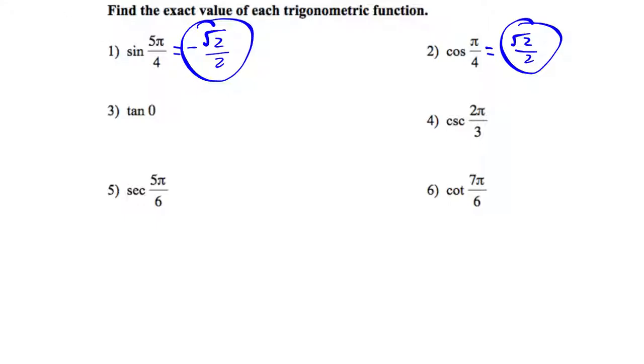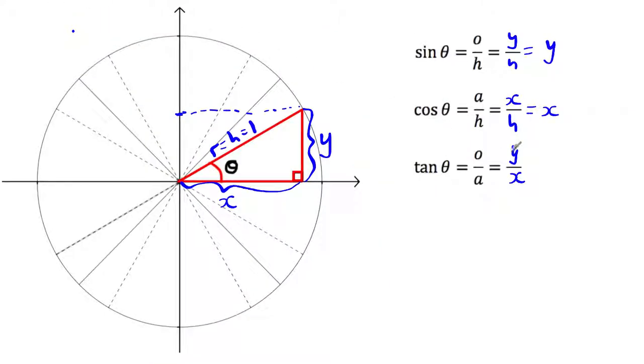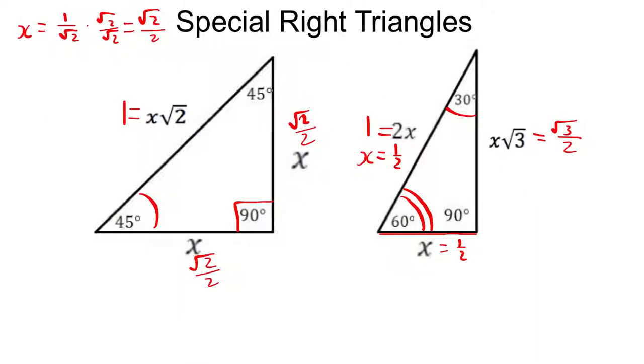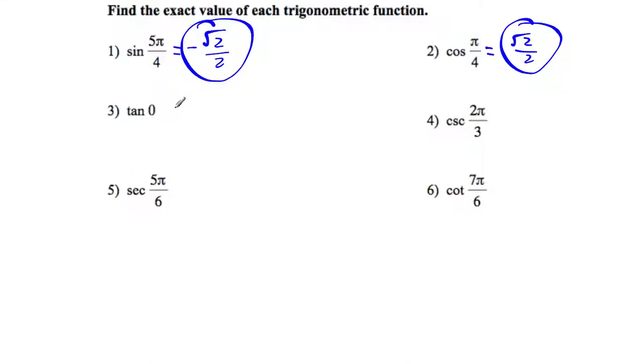Tangent of 0, well, that's a tricky one, but it's right here. 0 is the same as 2 pi, don't forget that. And so the tangent is y divided by x. So we have y, which is 0, divided by x, which is 1, and that's just 0.